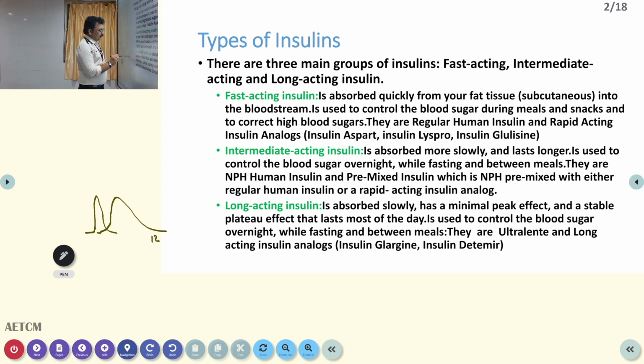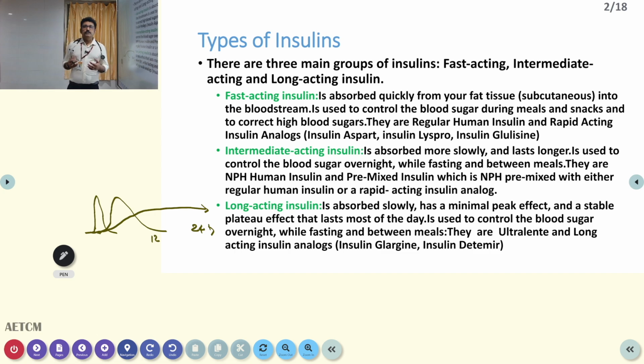The third type of insulin acts slowly and for a long period, maybe 24 hours. So these are the three main types: fast acting, intermediate acting, and long acting insulin.